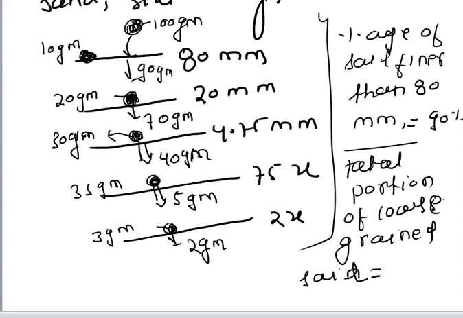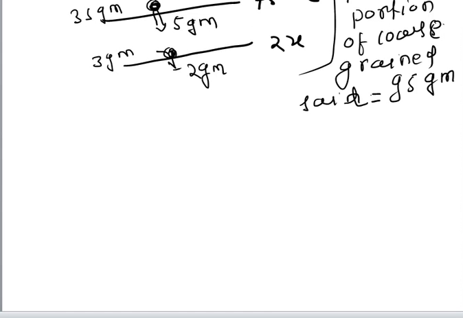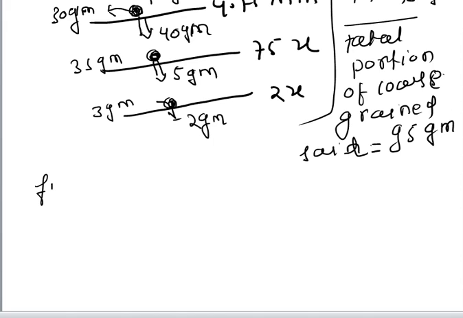What amount of soil is passing? It's 5 grams only. And above it, what is the total amount of soil retained over 75 micron? 10 gram plus 20 gram plus 30 gram plus 35 gram. If you add, you will get 95 grams. Yes or not? Hence the coarse grained soil is sand plus gravel.